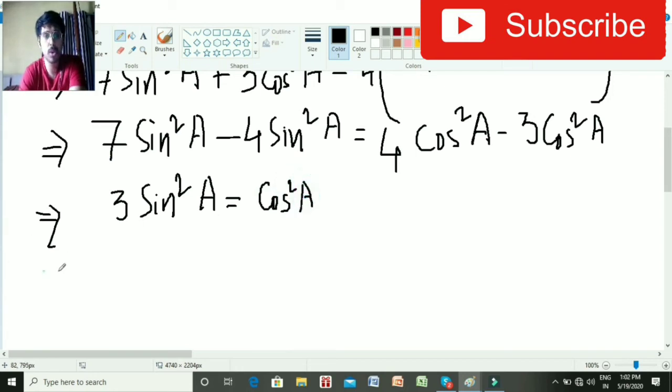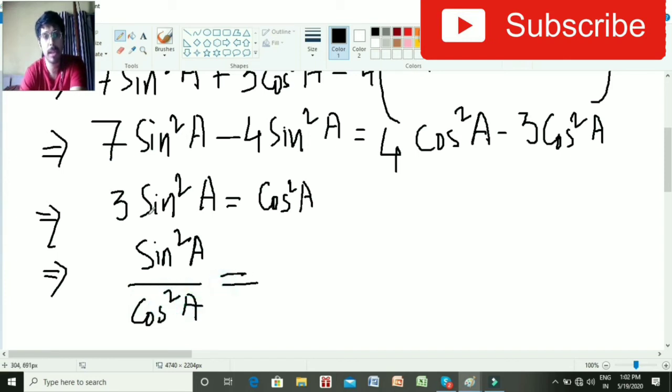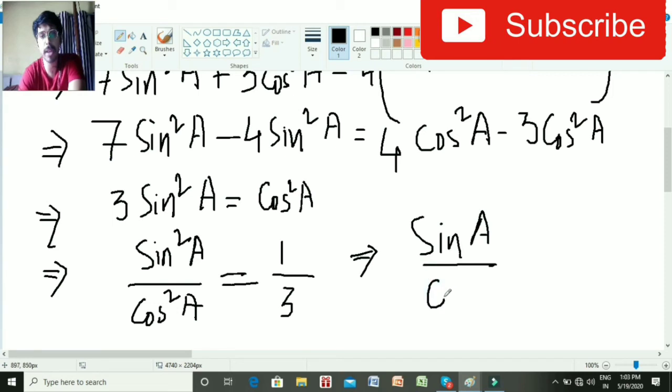So we can say sin square a divided by cos square a will be, now we need to take 3 there, so it will be 1 by 3. So sin square a divided by cos square a will be 1 by 3. If I say sin a by cos a, that means I have square rooted sin square a by cos square a.